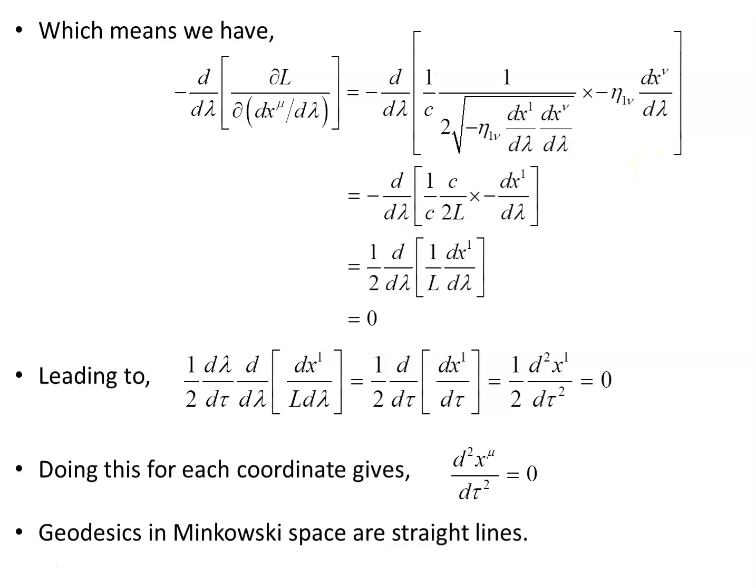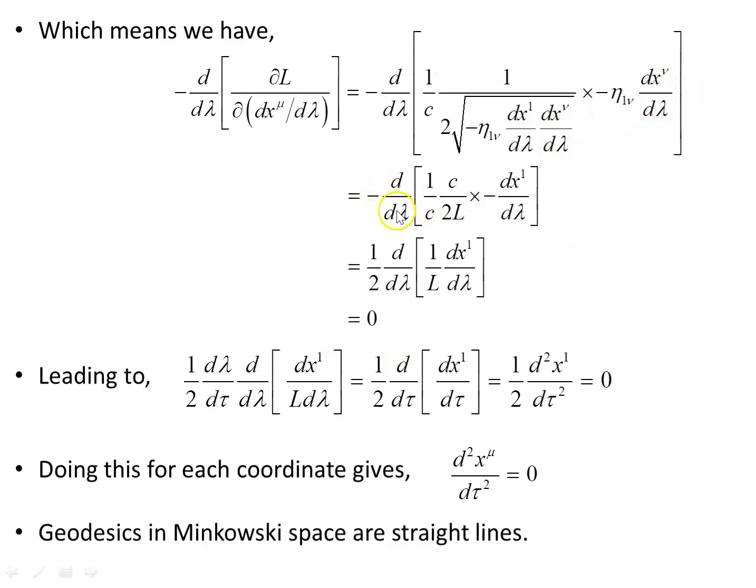Okay, now, next bit. When we differentiate with respect to dx^μ/dλ, that should actually be a 1 there. We differentiate, we got rid of that, and we're left with this negative η_1ν dx^ν/dλ that goes there.